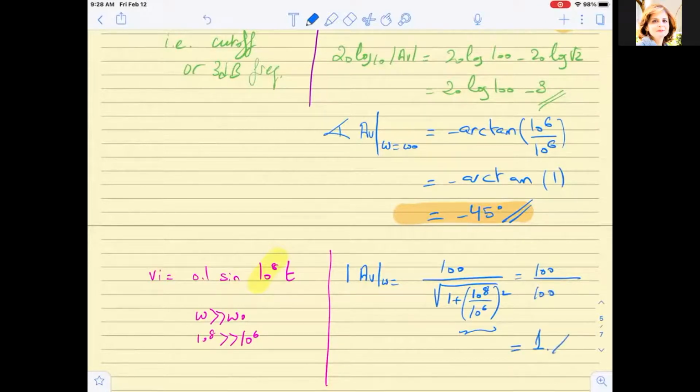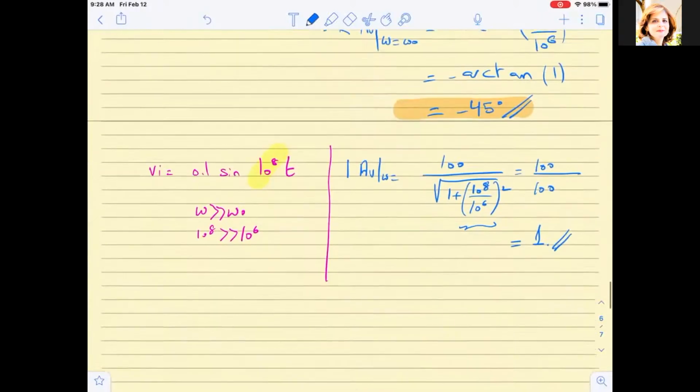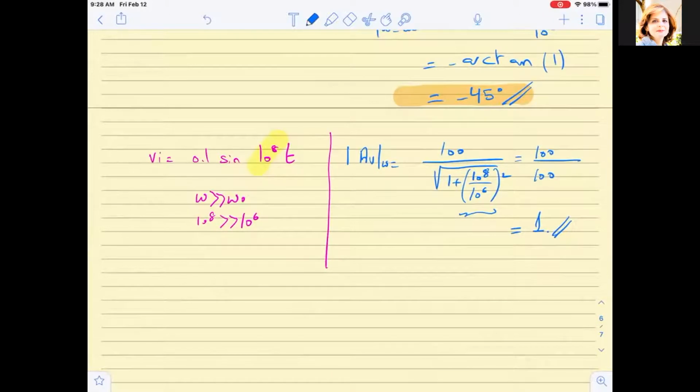So my gain dropped significantly. This is almost 0 dB gain, right? 20 log 1 is 0, and the angle of AV is equal to minus arctangent of 10 to the 8 over 10 to the 6, which is approximately minus 90 degrees, because here we are saying minus arctangent of a large number, like 100, tended to infinity.